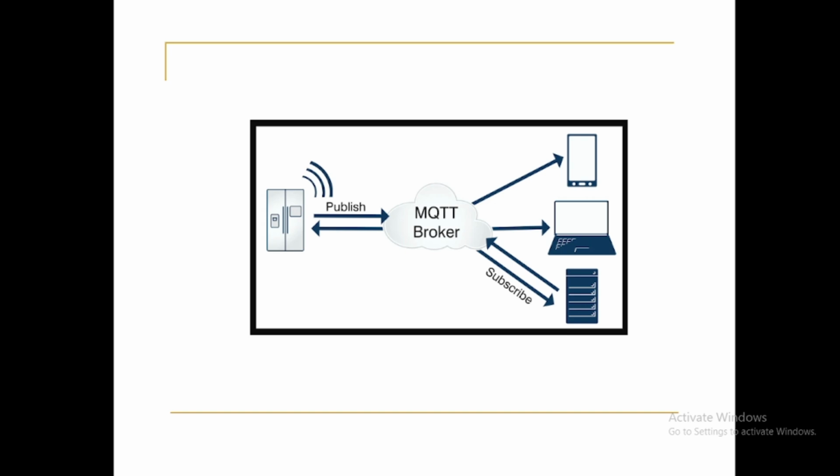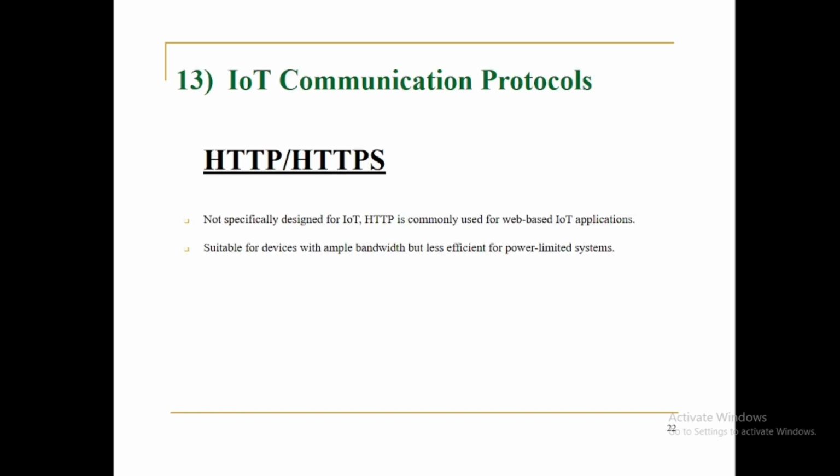Based on the topic they publish, the central server distributes the data to other client devices called subscribers. There are brokers like Mosquitto, which we will go deeper into when we create our project.